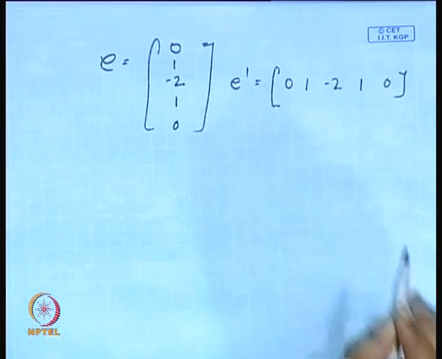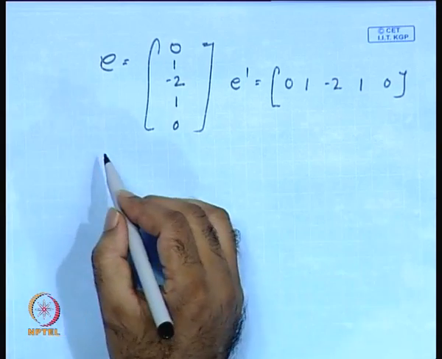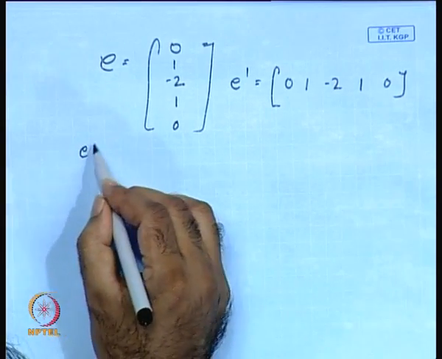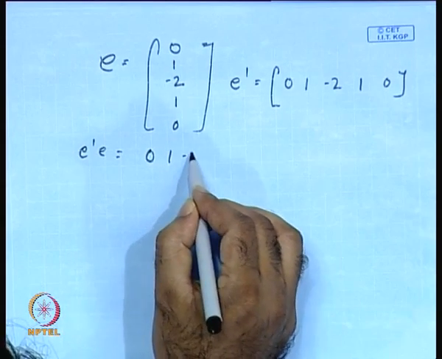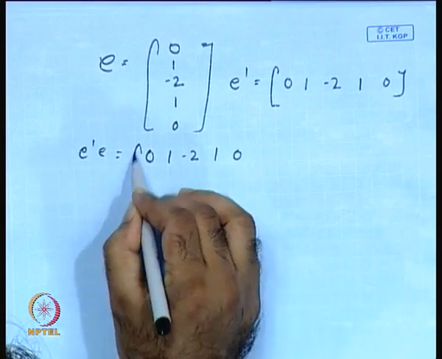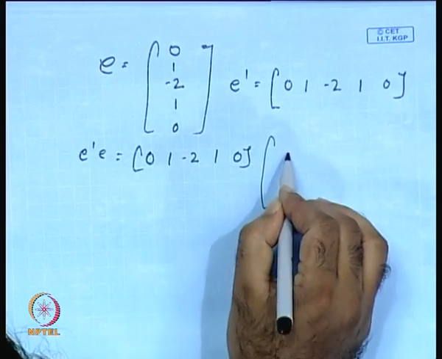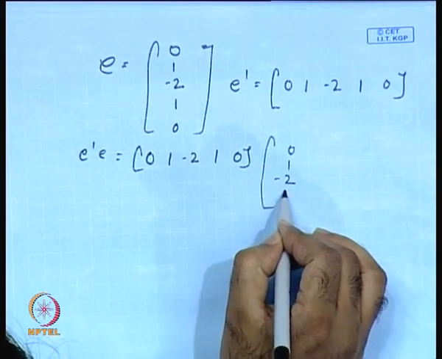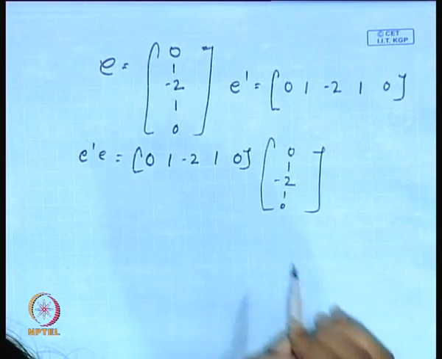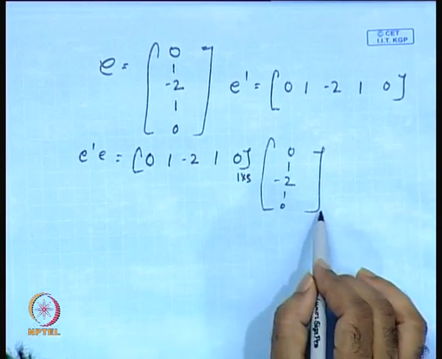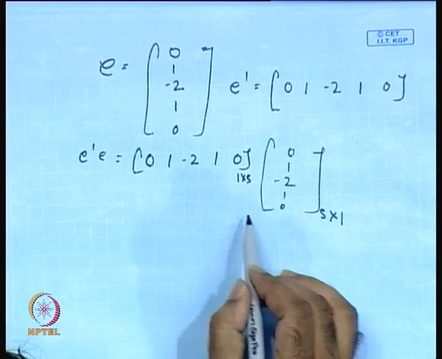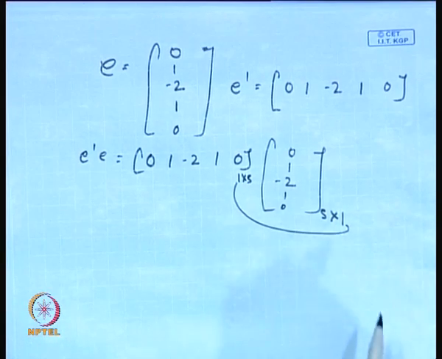So now we would like to know e transpose e, which is 0 1 minus 2 1 0 multiplied by 0 1 minus 2 1 0. This is of order 1 into 5 and 5 into 1, so we get a 1 cross 1 system.